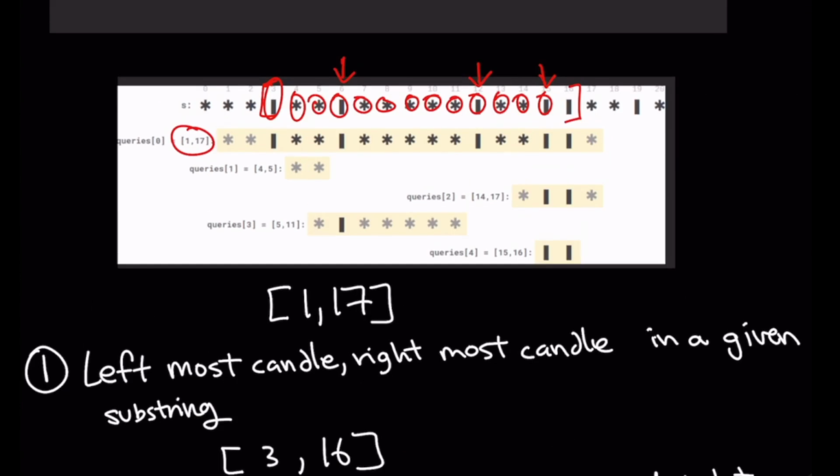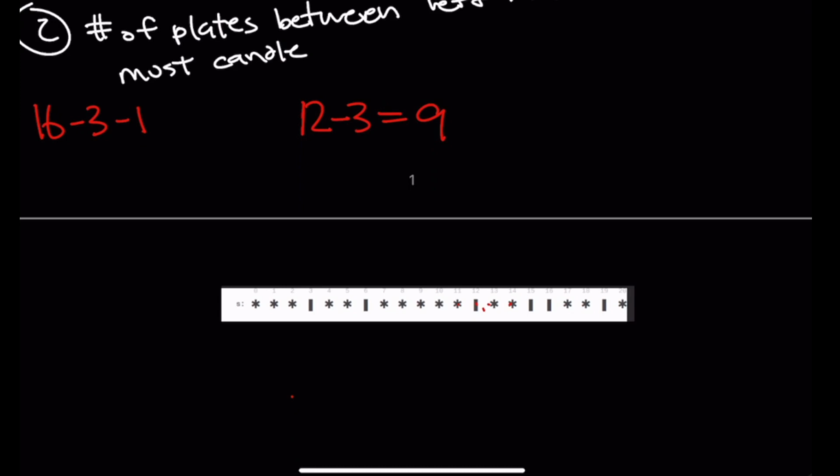So if you look here, this 3 can never be a plate since it's a candle, right? So we take minus 1 here in order to account for that. So that's how we get 12, and then we subtract the number of candles between the leftmost and the rightmost candle.